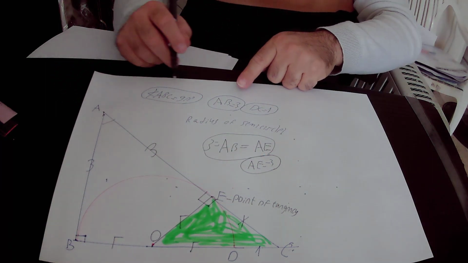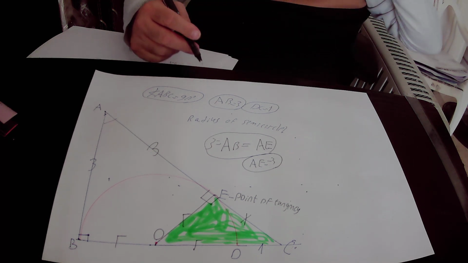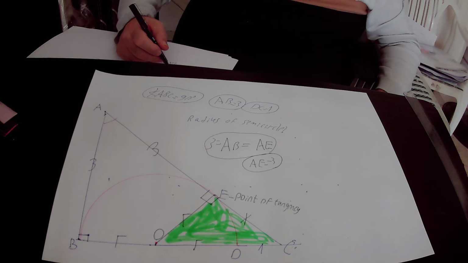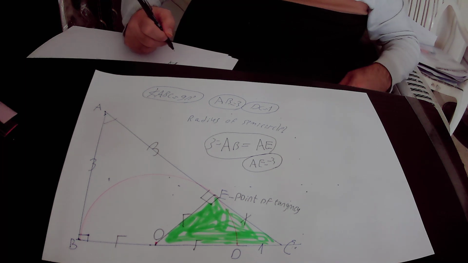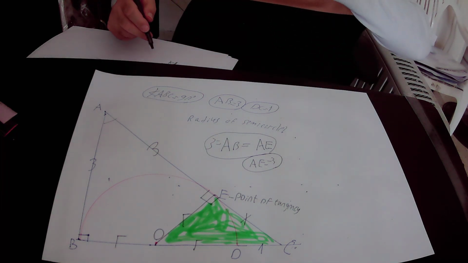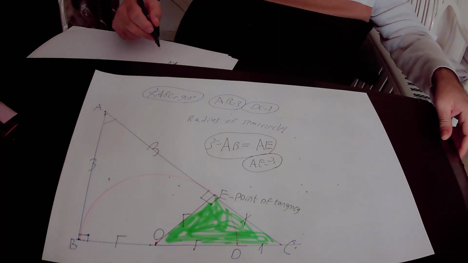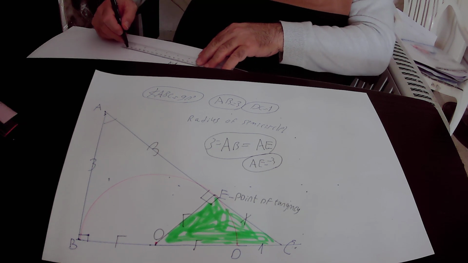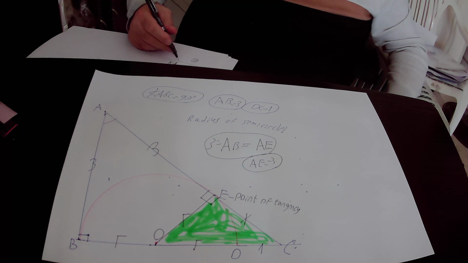It is given in the question that AB equals 3 units.